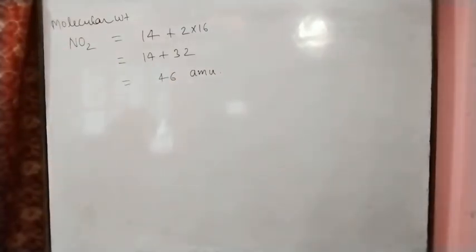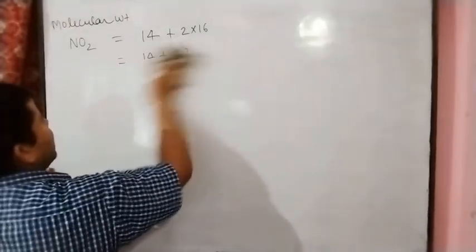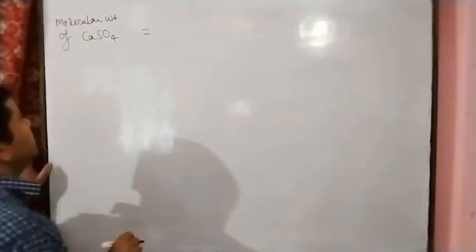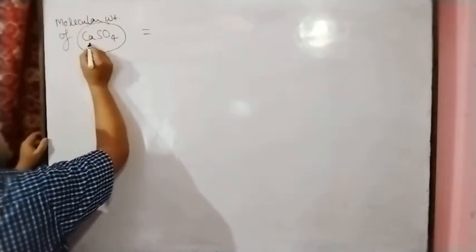Next question: calculate the molecular weight of calcium sulfate. So individually we will write the mass. Calcium: only one atom of calcium in this compound, CaSO4.